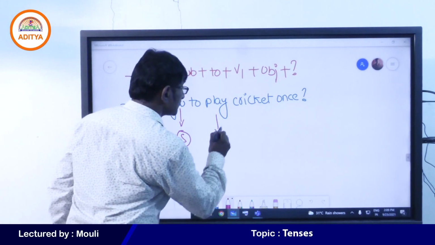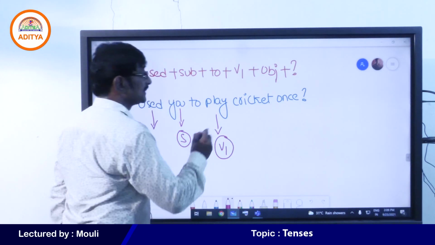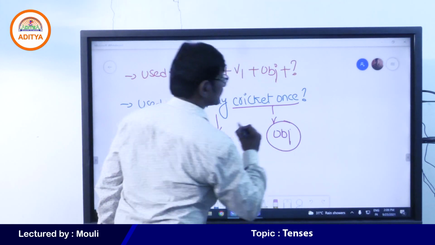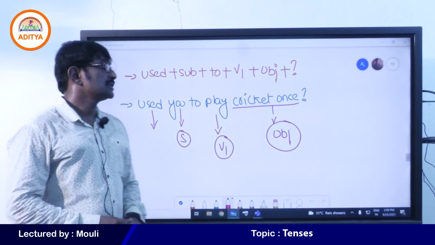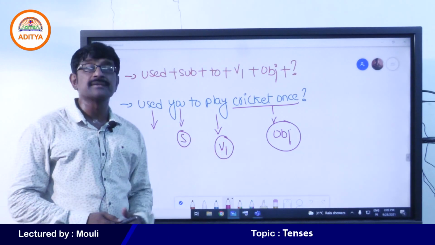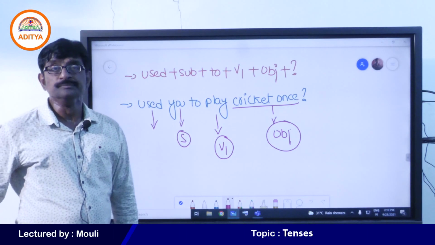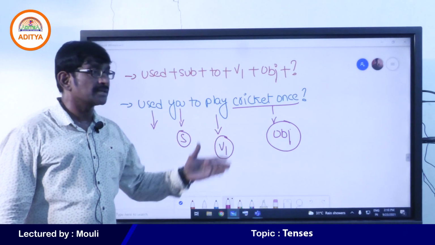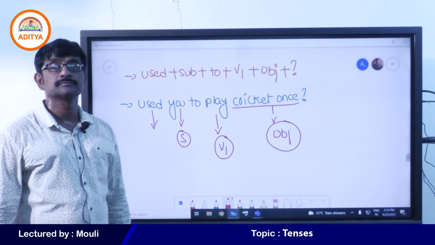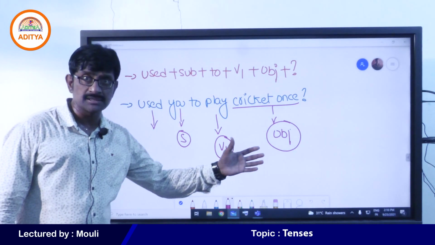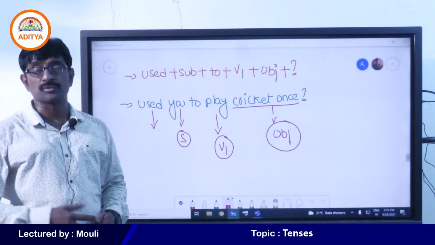And after that, this is V1 and this is the object. See now, like this. Used you to play cricket once. This is an interrogative. Okay, students, please write down this and we will go for more questions on this.